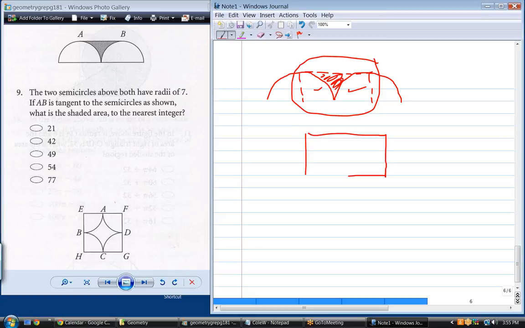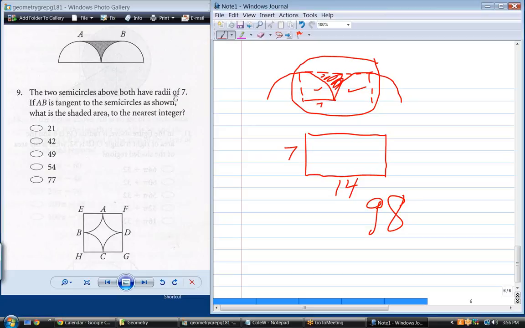That rectangle has a radius of 7. So 7 by 14. Well, you're way ahead of me today. So that's 98. And then I need to subtract out 2 quarter circles or a half circle.